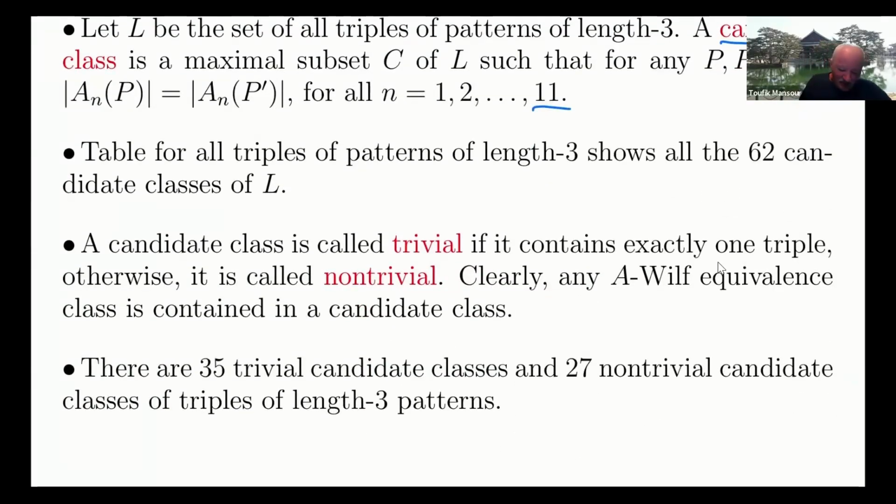A candidate class is called trivial if it contains only one set of patterns. That means one set whose numbers from 1 to 11 are different from all others. So that means the Wilf class is exactly the trivial class. Otherwise, it's not trivial. That means in my candidate class, there are two sets that have the same numbers from n equals 1 to 11.